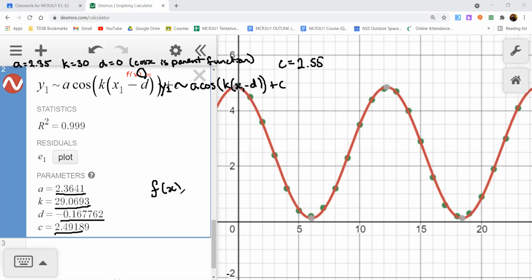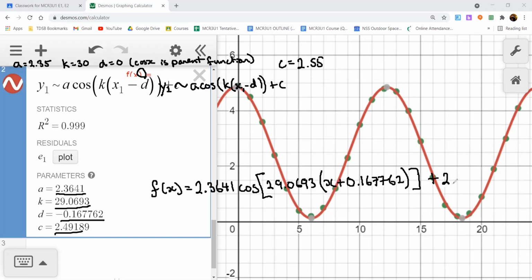That means f of x, according to Desmos, should be 2.3641 cosine of 29.0693, open a bracket, x minus a negative value, so x plus 0.167762, close bracket, plus 2.49189. Wow.